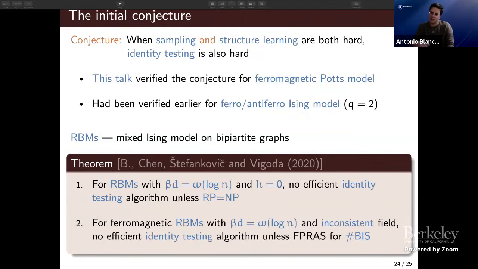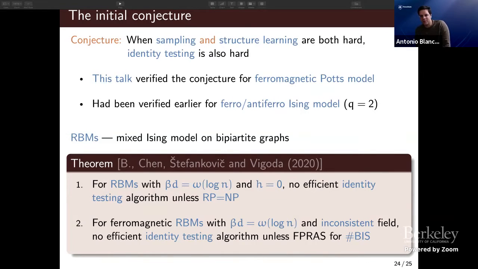So for RBMs, our constructions are a little simpler. The reservoir, instead of having a complete graph, we actually, well, I wouldn't say simpler. Let's say they are different. We do a different construction outside of the hard instance, and we use that in a very similar way to answer yes or no to this question of whether the partition function is above or below some threshold.